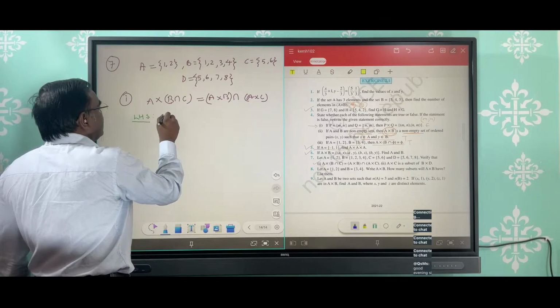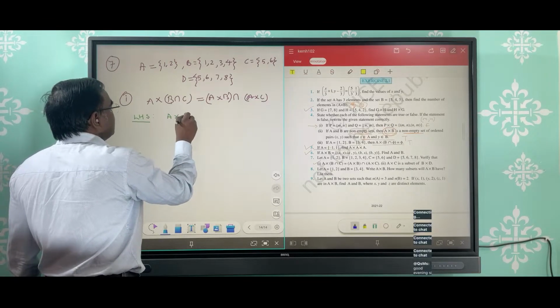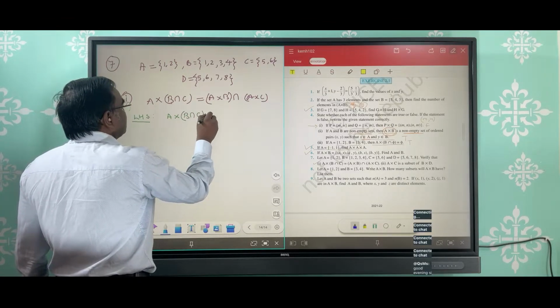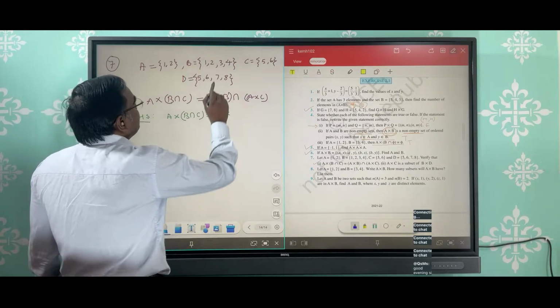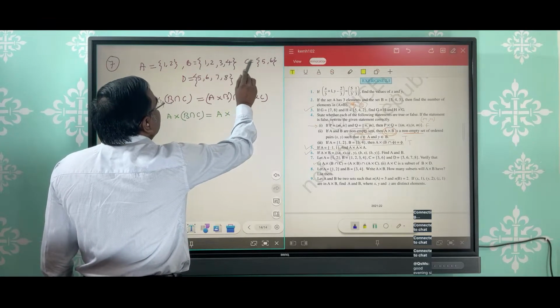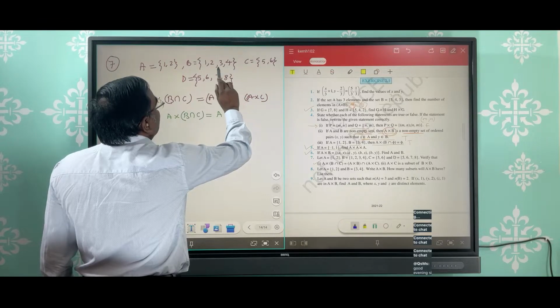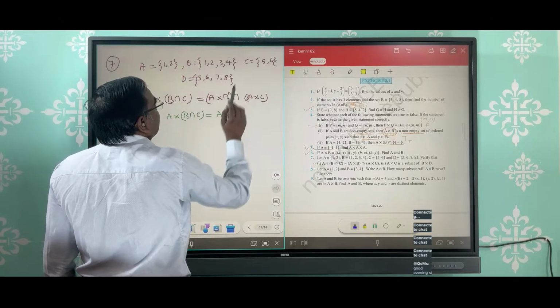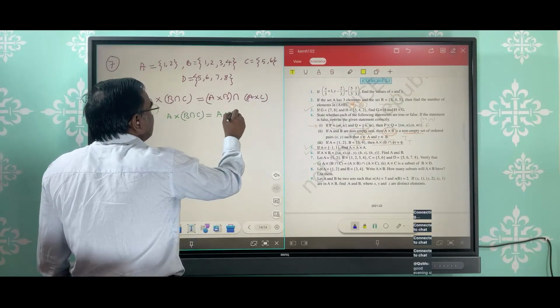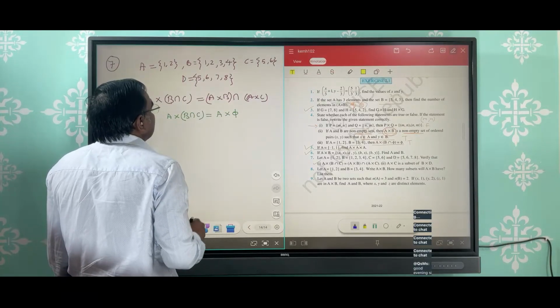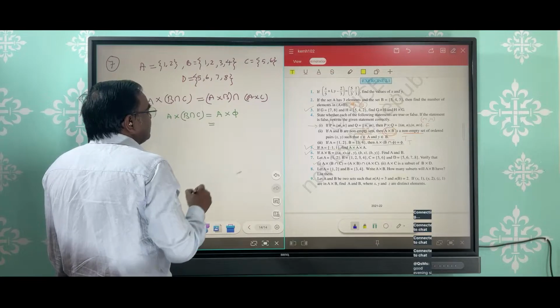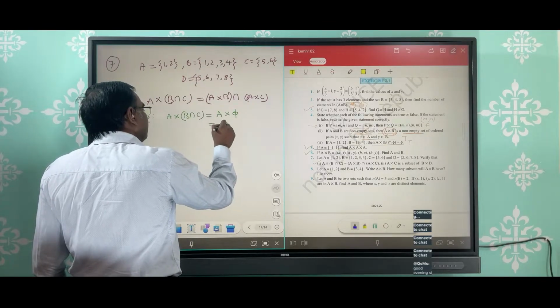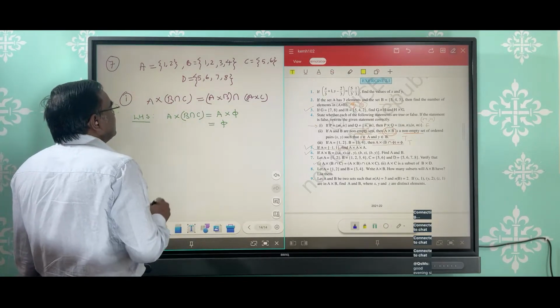A cross (B intersection C): we get B intersection C, the common elements between B and C. Between 1, 2, 3, 4 and 5, 6 there is nothing common, so that is the empty set. The cross product of the empty set will give the empty set. So LHS becomes the empty set.